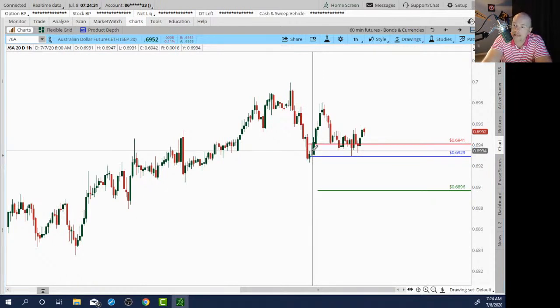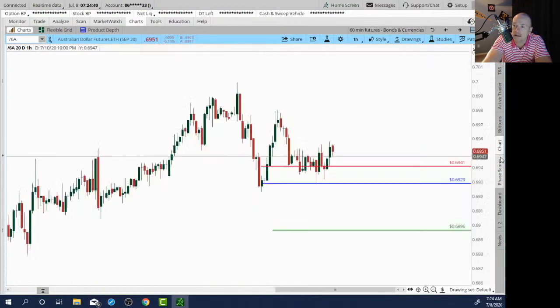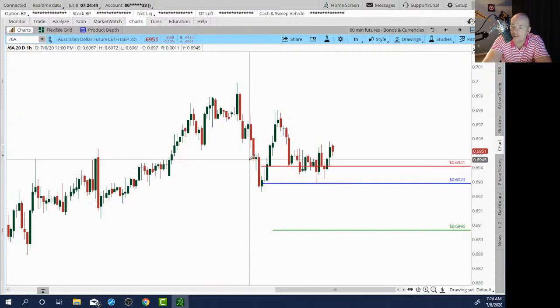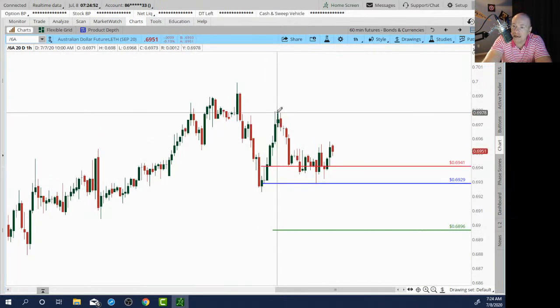Well, I'm glad that I didn't. And the reason I didn't was because we never got lower than that candle's low. This is a good example of why we use that candle-to-candle style when we don't have high-quality zones above us. And that's exactly what happened here. Price did not give us an entry. It actually stayed above there the whole time. And so we never really had an entry on this position.